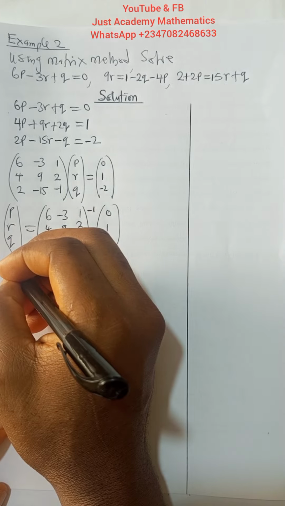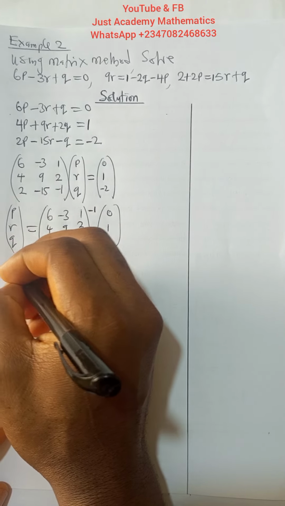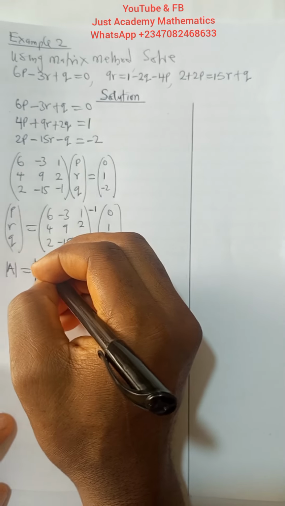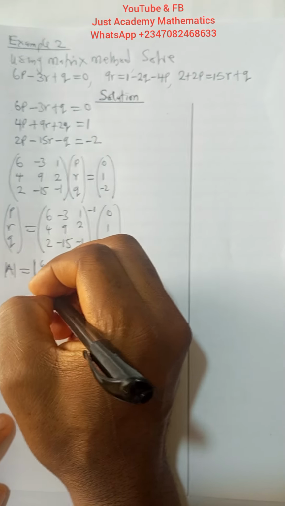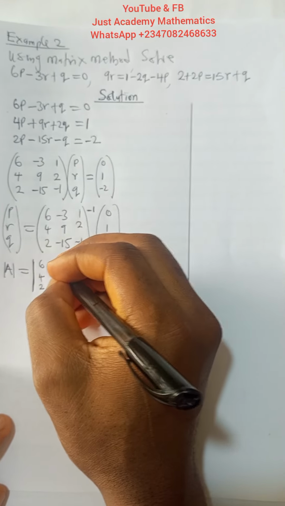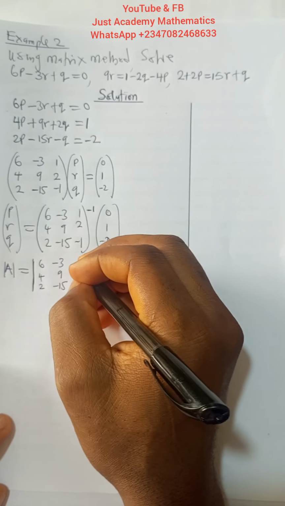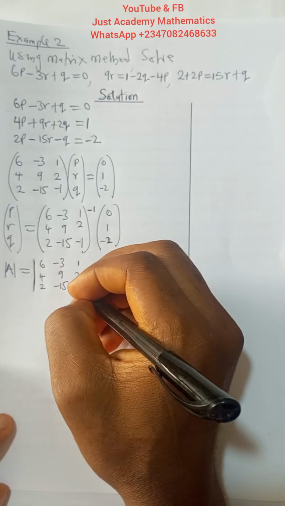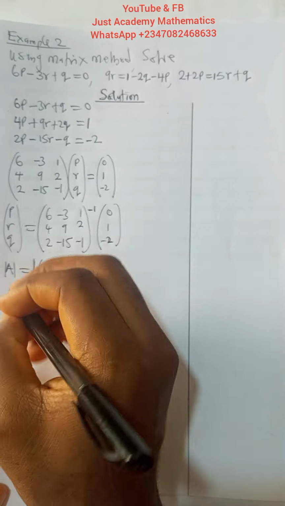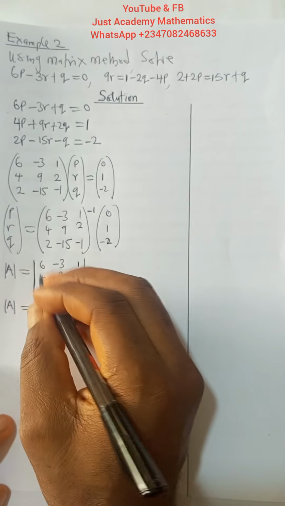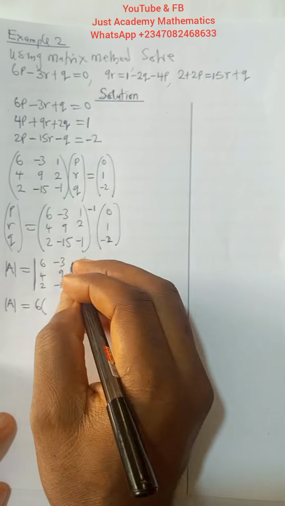So the determinant of A will now be what? The determinant of 6, 4, 2, minus 3, 9, minus 15, 1, 2, minus 1. So let's go for the determinant. The determinant of A is 6 times, plus 6. This is out, this is out.